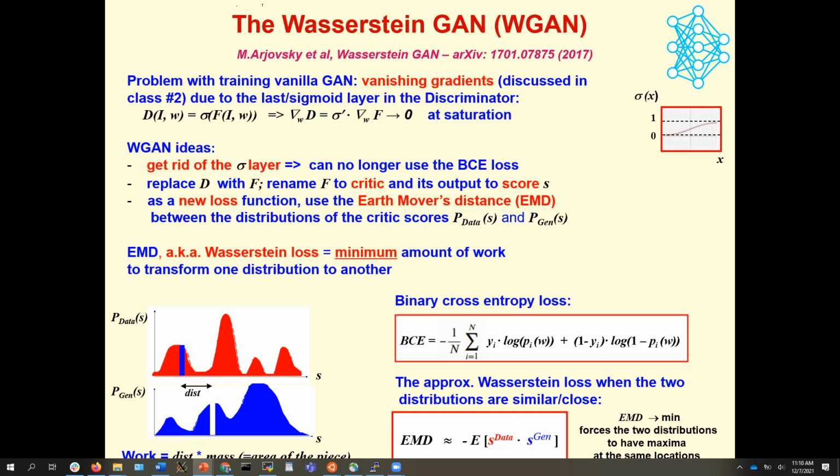Does this address your question? Yeah. So Y_i is the target value, and P_i(W) depends on the weights, P is the probability. Yes. Well, it can be interpreted as a probability because the output from the discriminator is between 0 and 1.